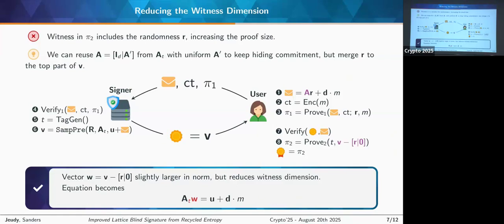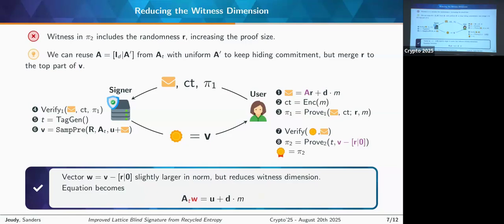We can keep a hiding commitment under LWE while choosing R ternary, for example. So R will not affect the norm of V by much, which as a result reduces the witness dimension without increasing the proof modulus, basically. So we have better proof size in the end.